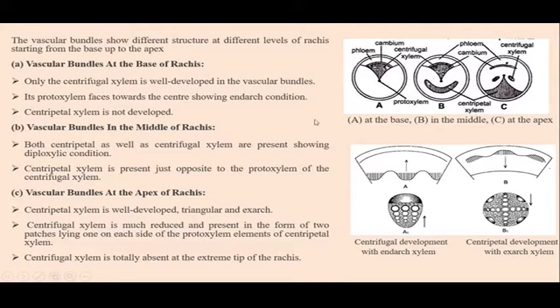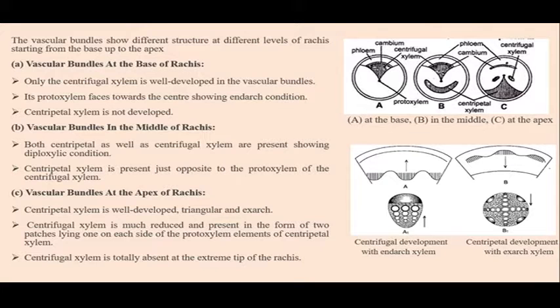Then vascular bundle in the middle of rachis. Here both the centrifugal and the centripetal xylem are present and it represents the diploxylic condition. Centripetal xylem is present just opposite to the protoxylem of the centrifugal xylem.